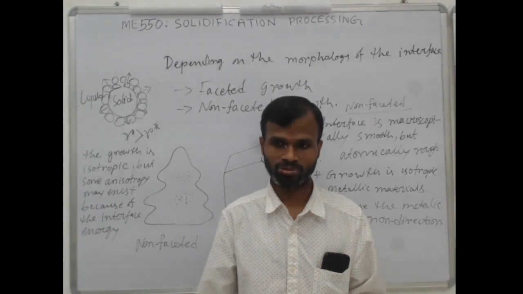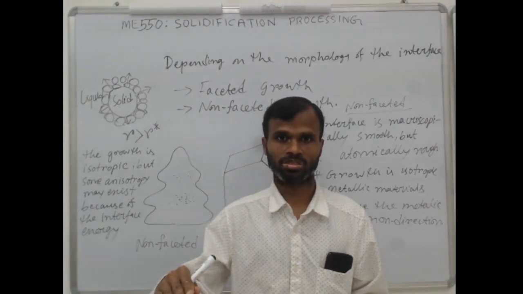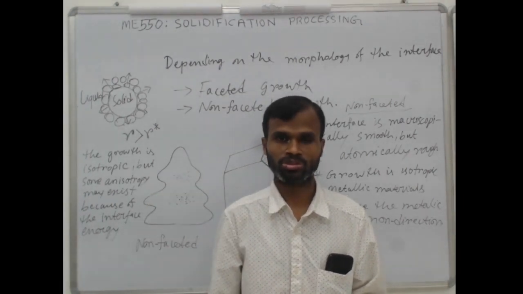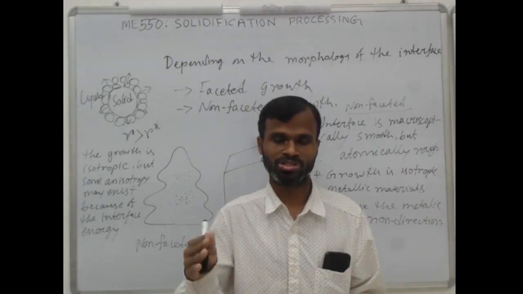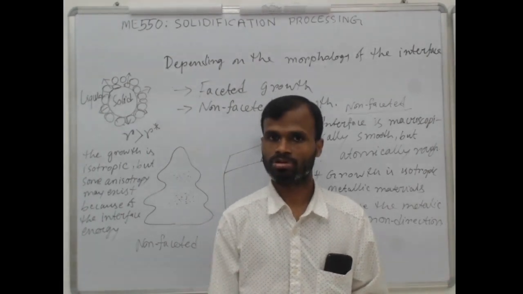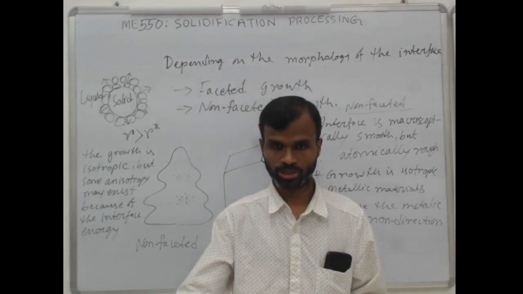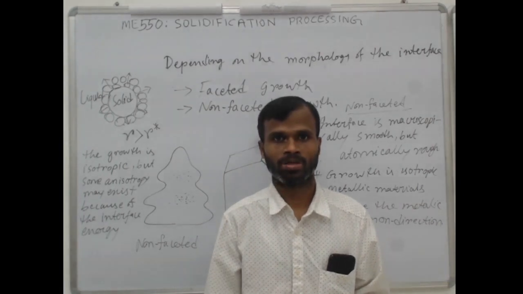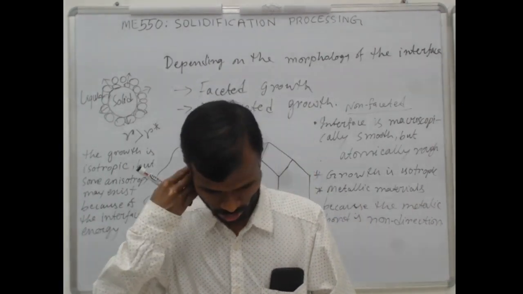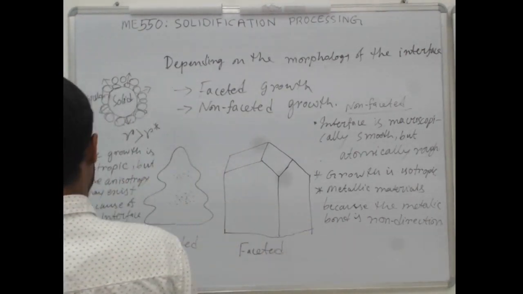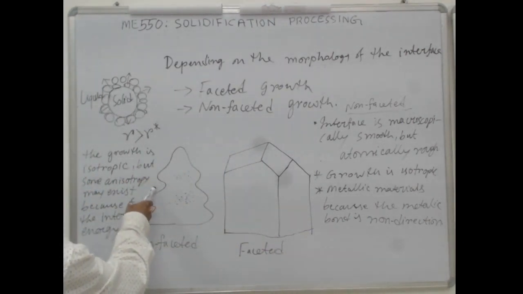Say for example, if you get a faceted interface from the vapor deposition method, you can get a non-faceted interface if you go for liquid to solid transformation. So there are different ways, and the diffusion of heat and solute plays an important role here. These things you should remember.